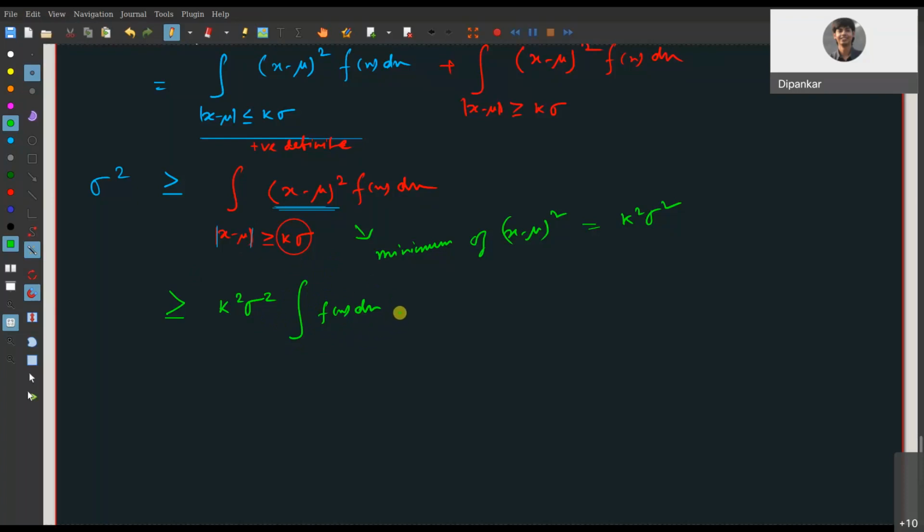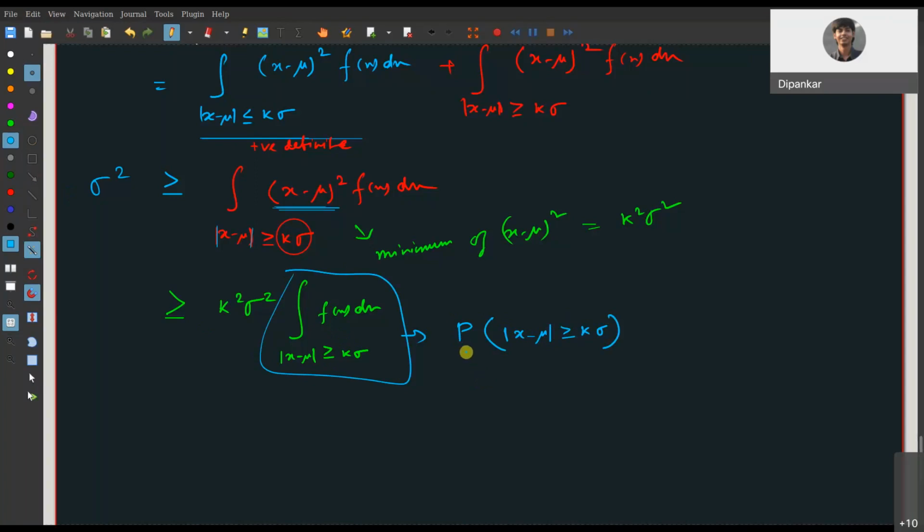Okay, so this is f(x) dx, then I have |x − μ| ≥ kσ, and this is my desired probability. This is the probability that |x − μ| will be greater than or equal to kσ.